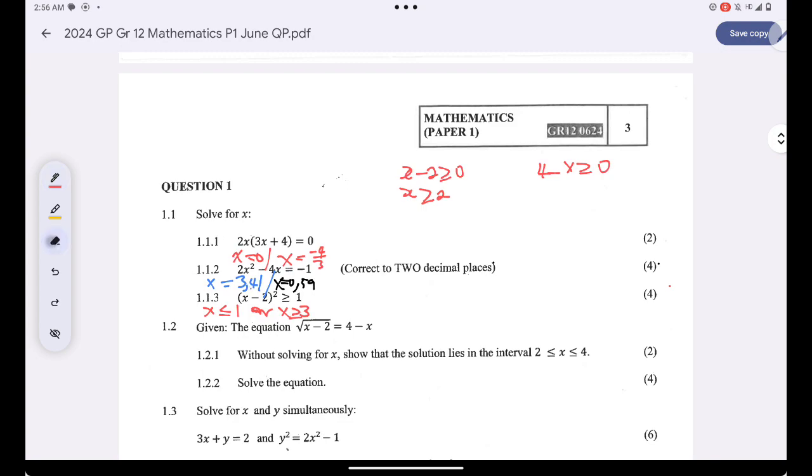So since this was minus, let me write properly. I'll simply have minus x is greater than a negative 4, then x is less than positive 4. Are you together? And then since I have two solutions like this, I just need to express them on the number line and then find the final solution.